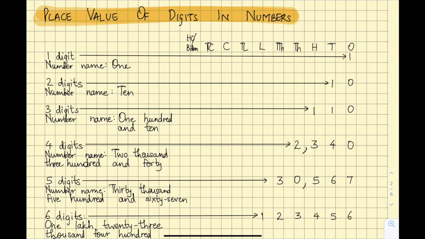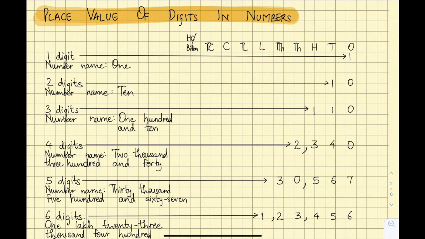And then 6 digits, I have written the digits 1, 2, 3, 4, 5 and 6. Now let us place commas as per Indian numeration system. Ones, tens, hundreds, comma, thousand, 10,000, comma, and then this is lakh. So now we see how this number is named. 1 is in the place of lakh, so therefore the number name is 1 lakh. Then you see 2 is in place of 10,000 and 3 is in place of 1,000.